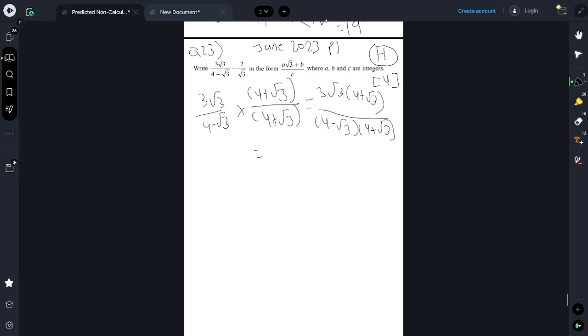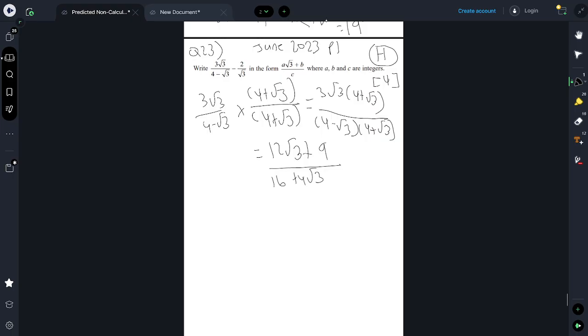Then you'd expand it. So 4 times 3 root 3, that's 12 root 3. Plus root 3 times 3 root 3, that's 3 times root 3 times root 3. This is just 3, so 3 times 3 is 9. And then the bottom, so 4 times 4 is 16. Use FOIL to expand it out. And then 4 times root 3 is 4 root 3.